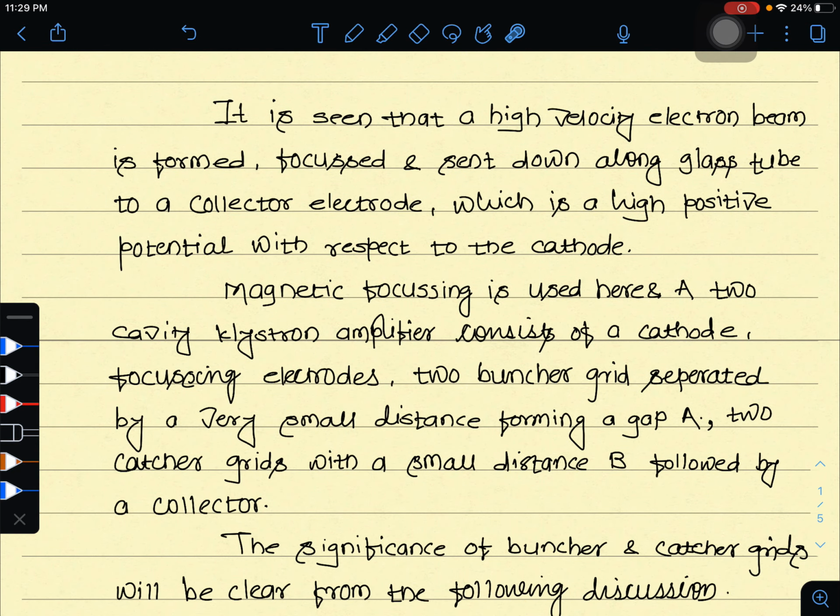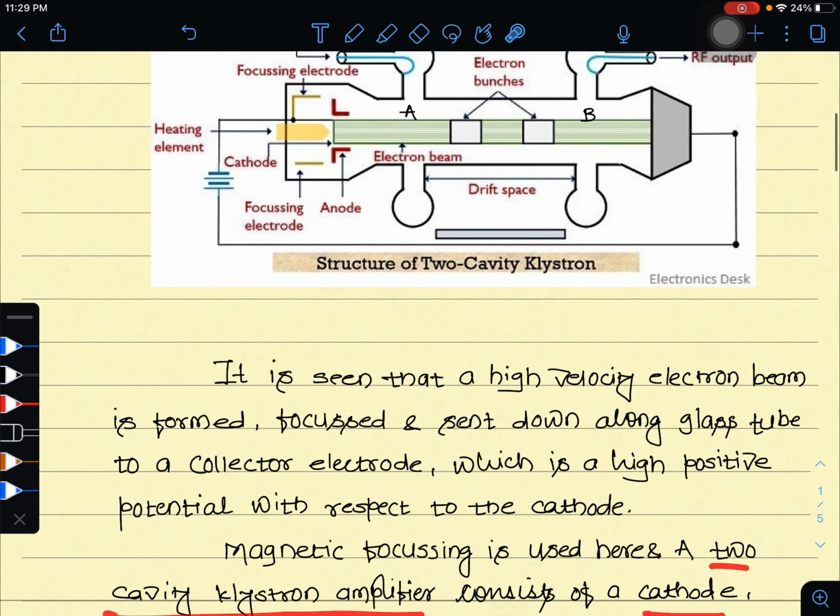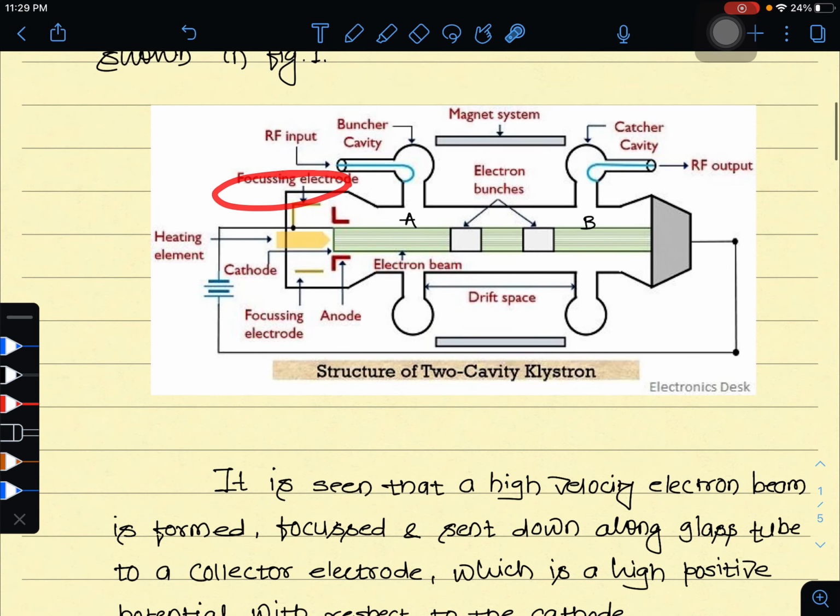Another point: the two cavity klystron amplifier consists of the cathode, the focusing electrode, the buncher cavity, and the catcher cavity.